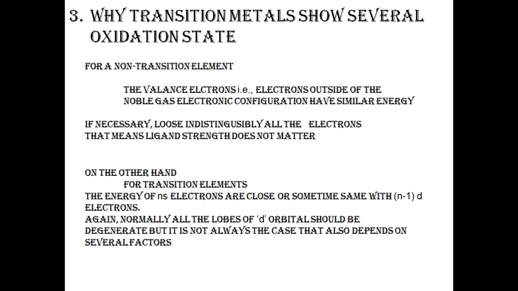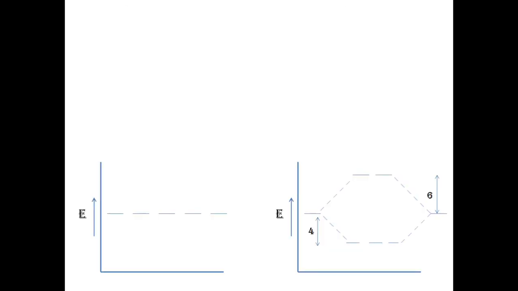And if we focus on n-1 d, normally in the elementary state all the lobes of the d orbital are degenerate, having the same energy level. But under a crystal field, d orbitals are no longer degenerate; they will split. In the next slide we will try to discuss it.